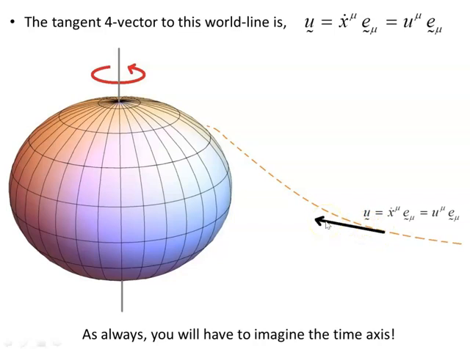Parallel transporting means that the magnitude and the direction of the vector is kept constant. Anyway, we have this tangent vector u equals x dot mu e mu equals u mu e mu, where u mu are constant components.